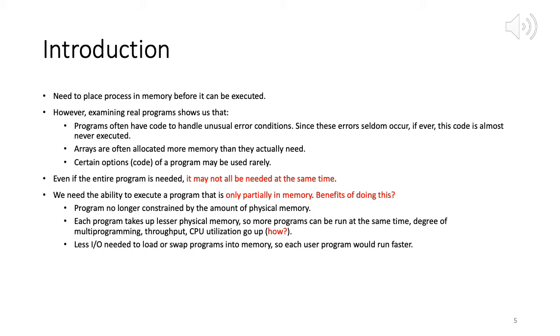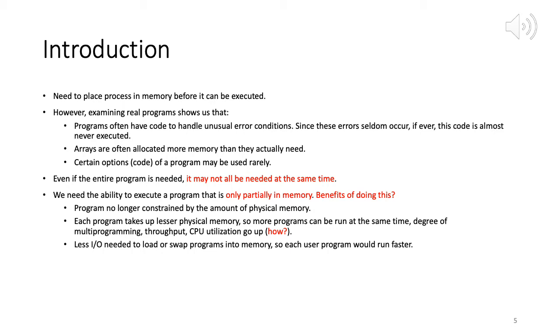Another observation is that a lot of times we allocate data structures like arrays, and arrays are often allocated more memory than they actually need. Third observation is that certain options or code of a program may be used very rarely.